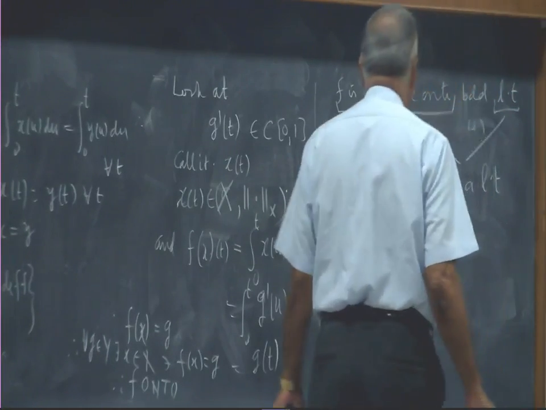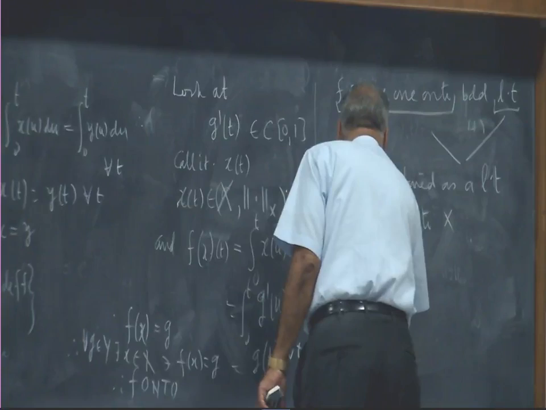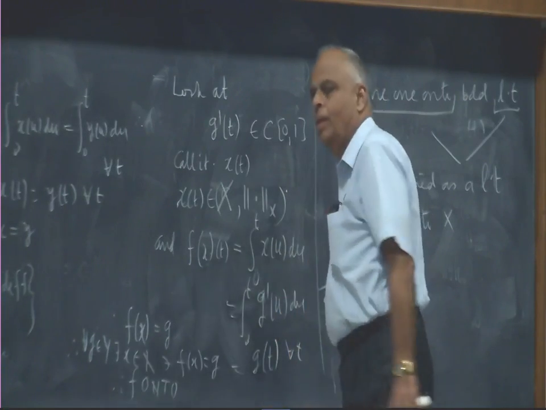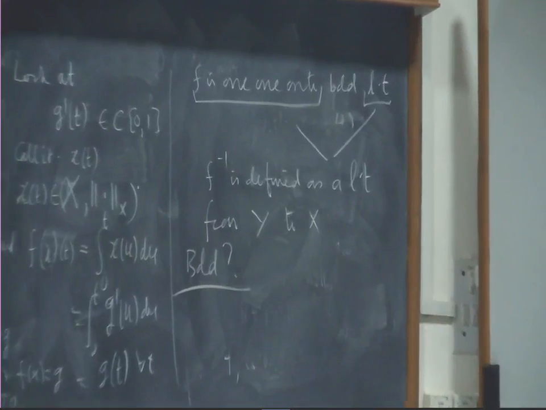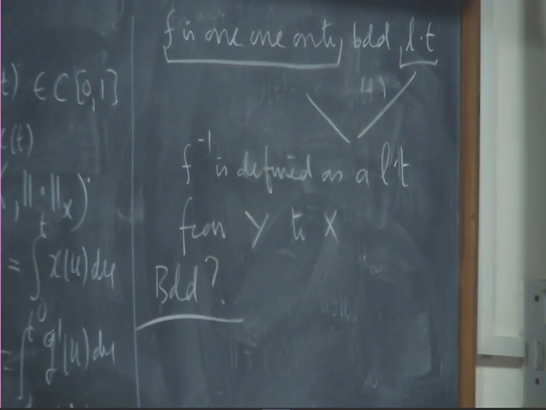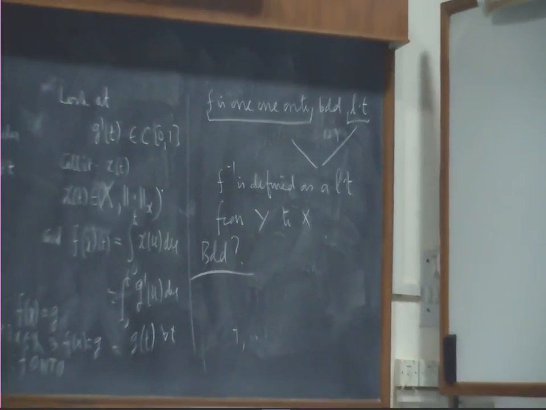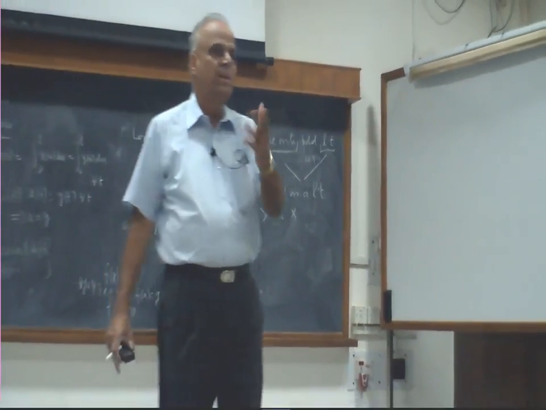The question is about boundedness. We will show that it is not bounded. How do I show that it is not bounded? For every elastic limit you put, somebody exceeds that limit. That's what we want to show. So in other words, we should say give me any positive integer n.